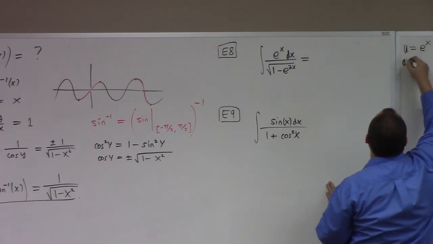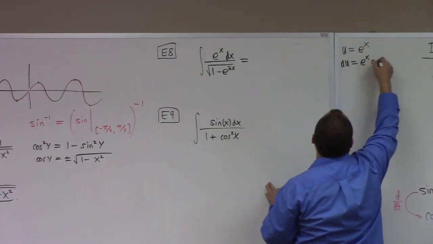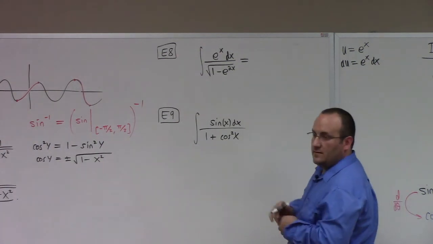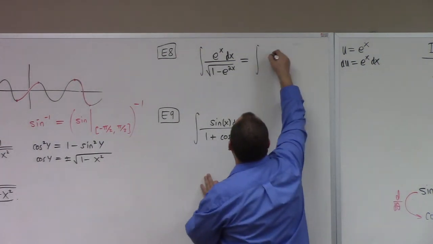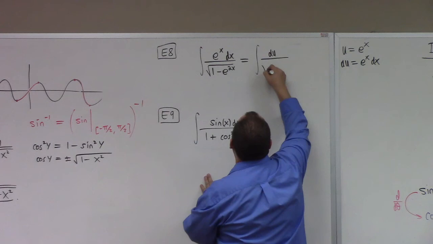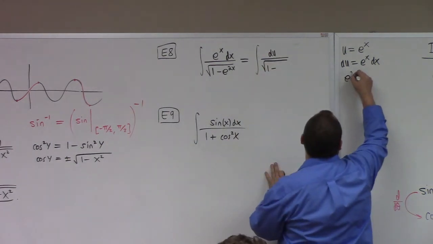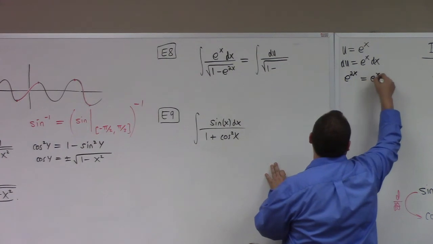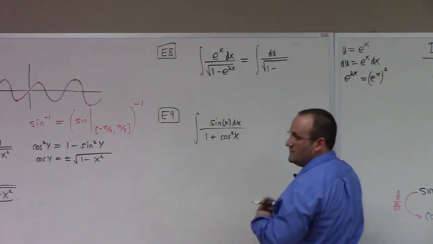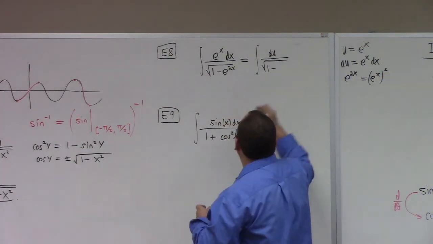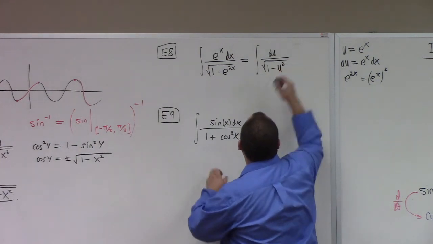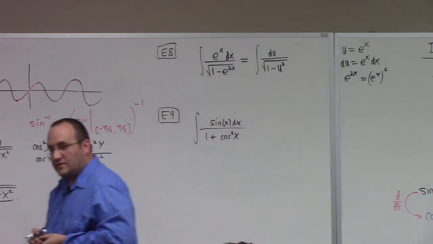What's du? E to the x dx, right? So this is the integral of what? Du over the square root of 1 minus, what's e to the 2x, by the way? Algebra. This is e to the x, quantity squared, right? Laws of exponents. Got to know them. Du over square root of 1 minus, aha!